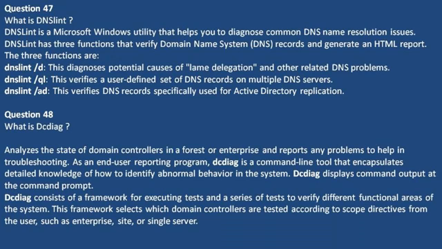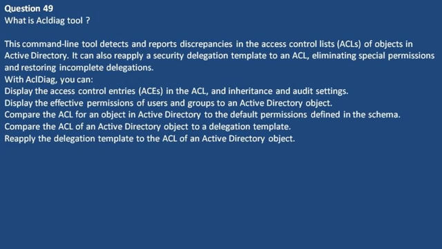DCDiag displays command output at the command prompt. DCDiag consists of a framework for executing tests and a series of tests to verify different functional areas of the system. This framework selects which domain controllers are tested according to scope directives from the user, such as enterprise, site, or single server.